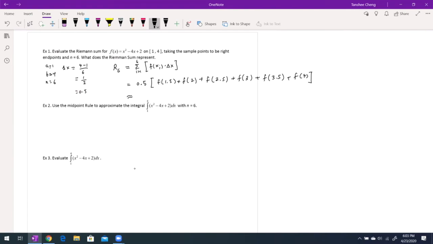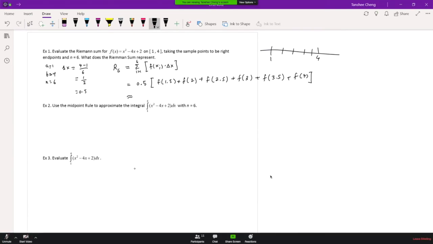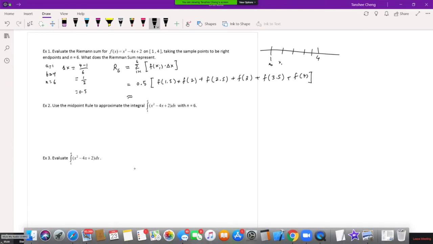Because your interval never changed. Your interval is always from 1 to 4. But when we make subintervals, this is your x sub 0, x sub 1.